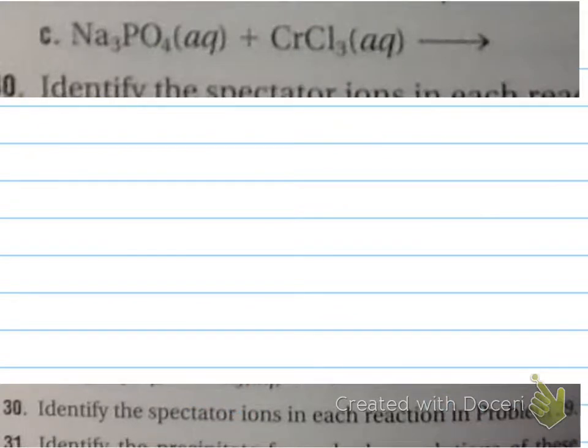Letter C, same thing. Okay, so again, first thing that I'm going to do is write my equation.